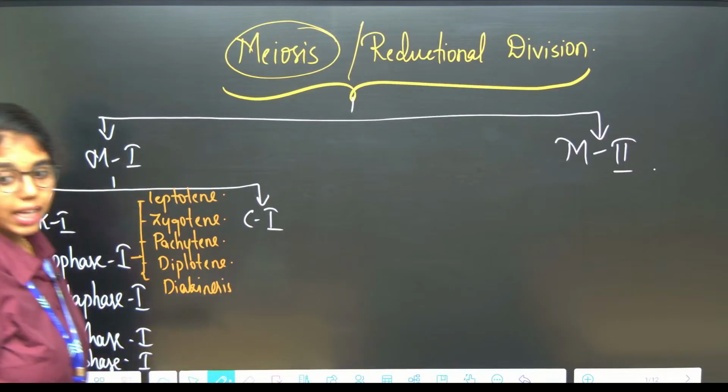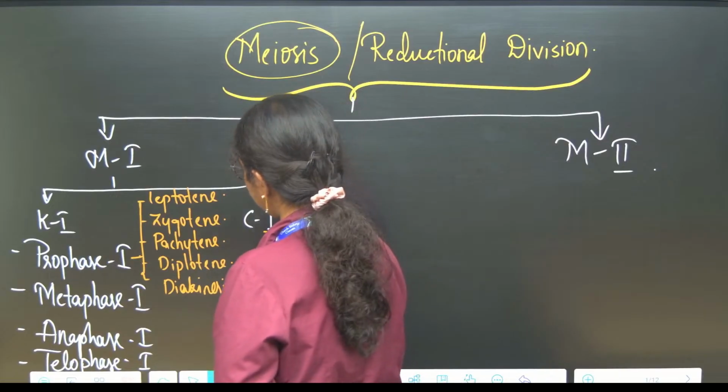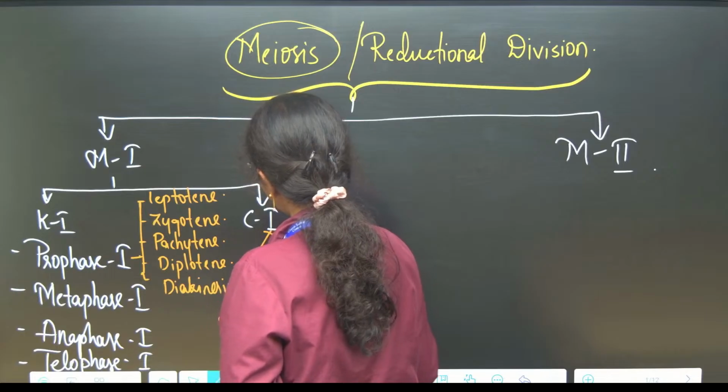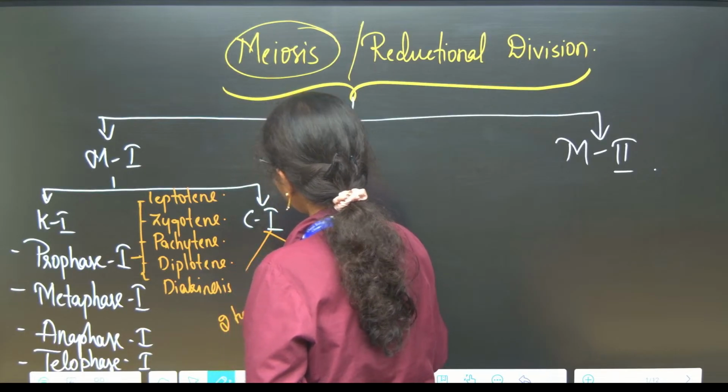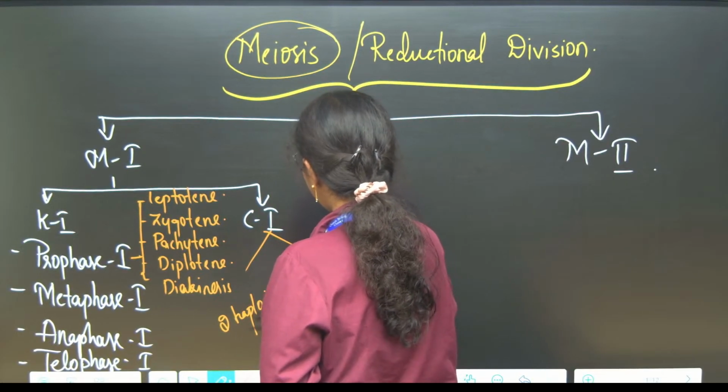Fine. And in cytokinesis 1, at the end you will get 2 haploid daughter cells. 2 haploid daughter cells will be formed at the end of cytokinesis.